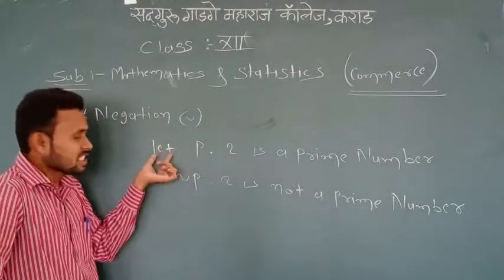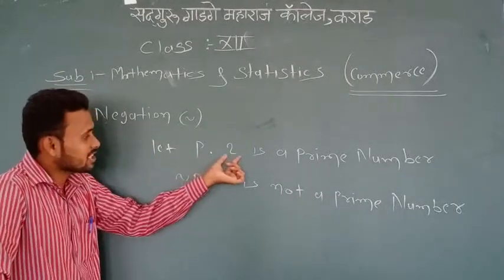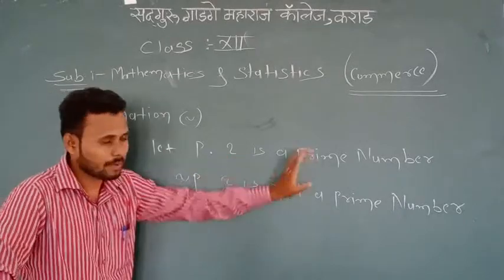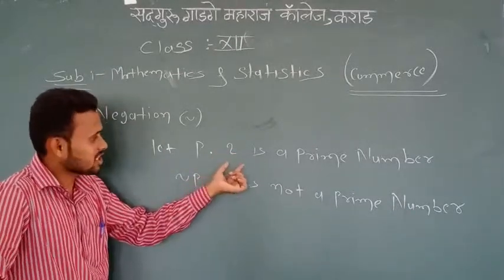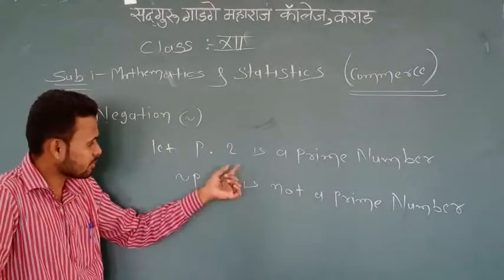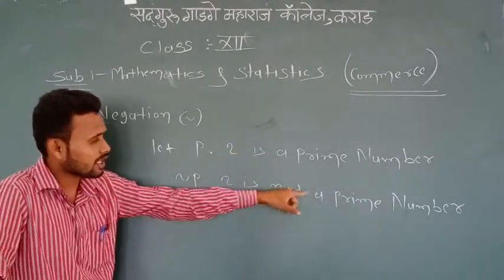Let P be the statement that 2 is a prime number, then the negation of that statement P is what? Just take the opposite meaning of that statement. 2 is not a prime number.